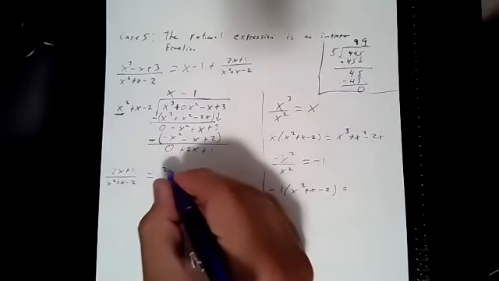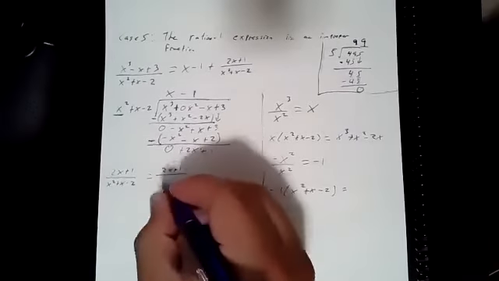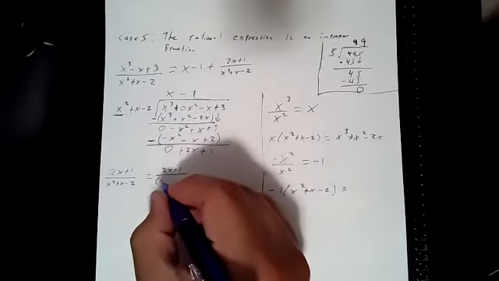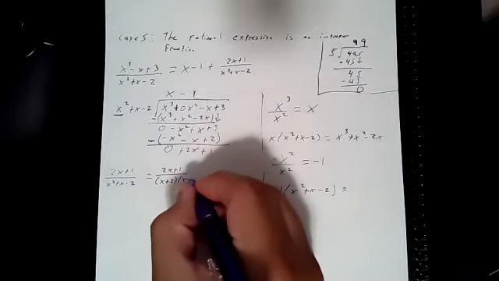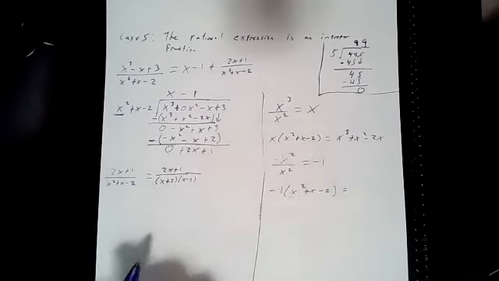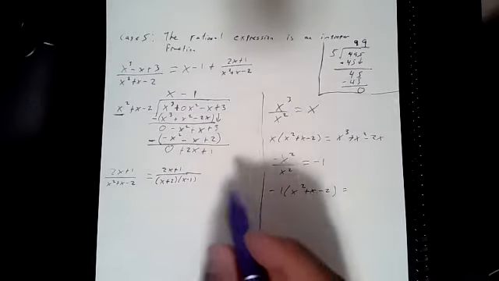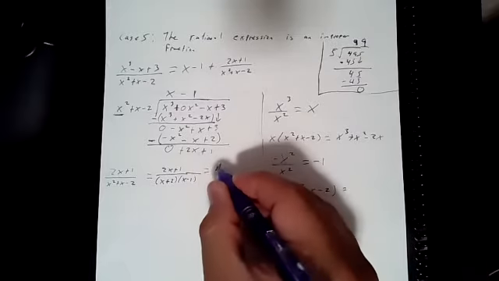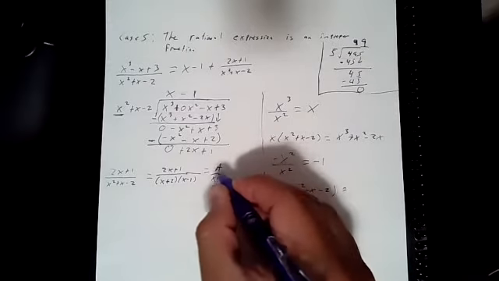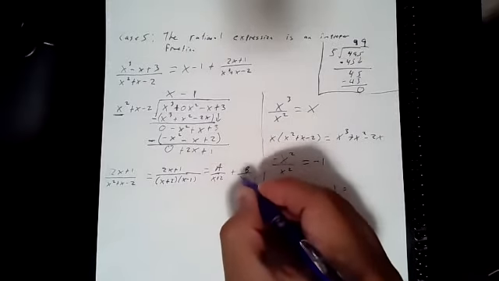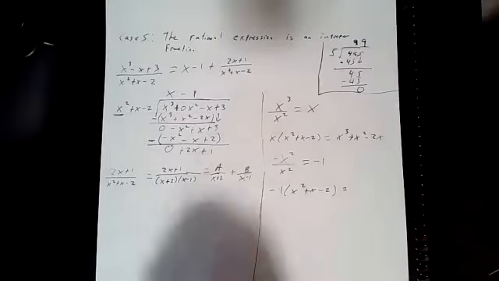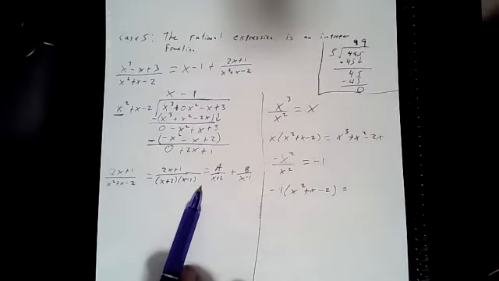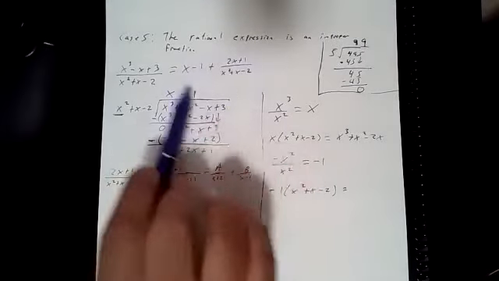So that will be x plus 2 times x minus 1, right? Which is going to be A over x plus 2 plus B over x minus 1. So then you solve these two to complete this piece.